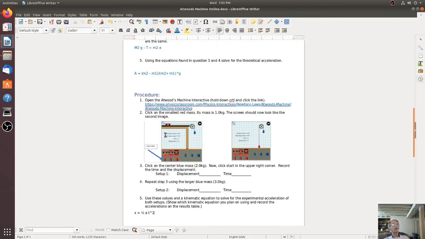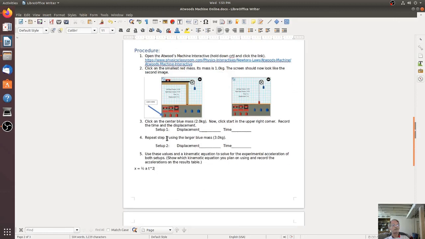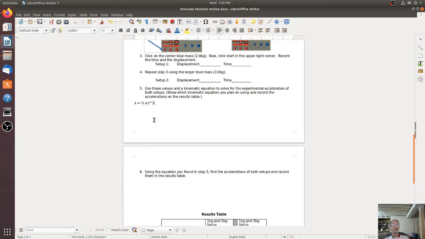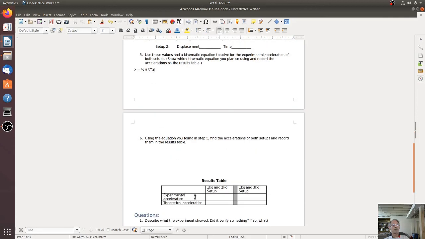So I'm going to use these values for displacement and time to calculate the 2 accelerations that I would get. And I'm going to put those in here for the experimental accelerations.